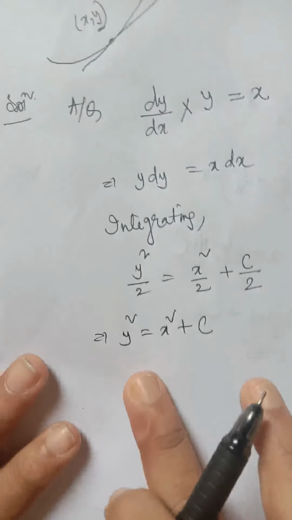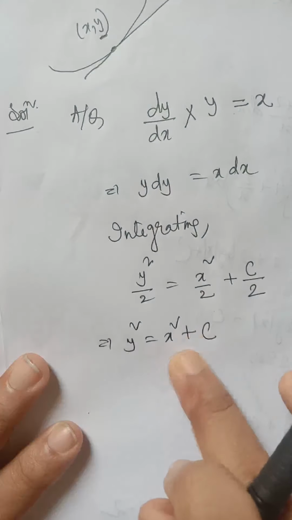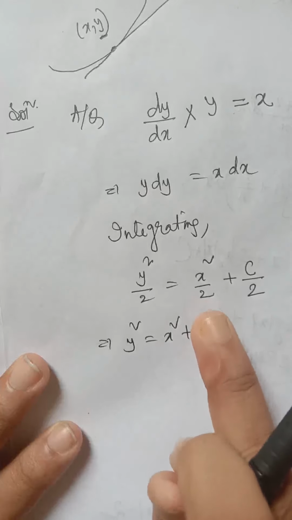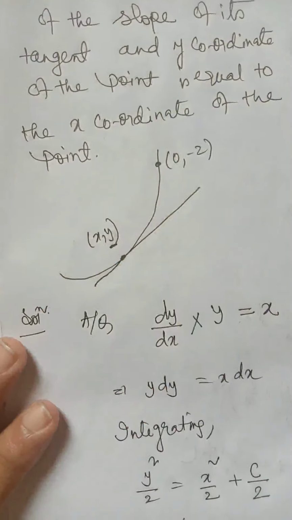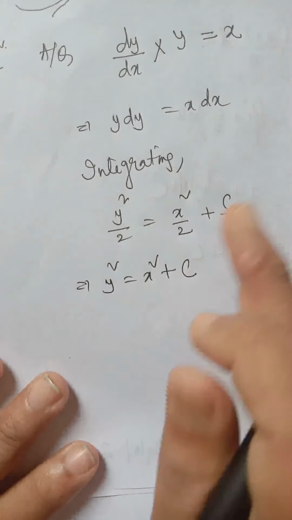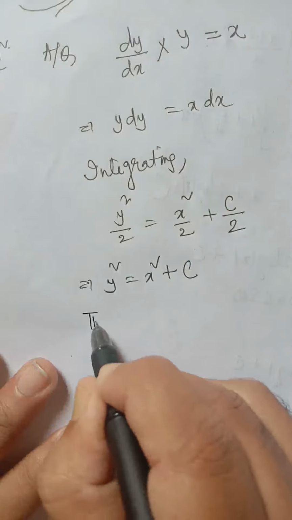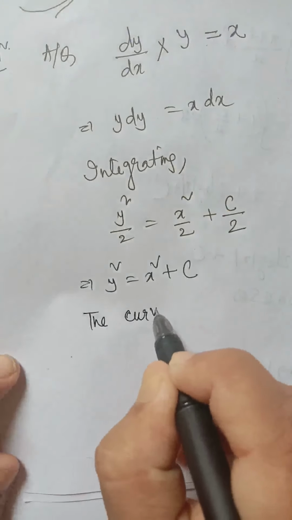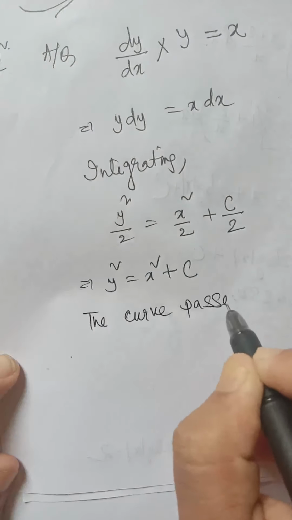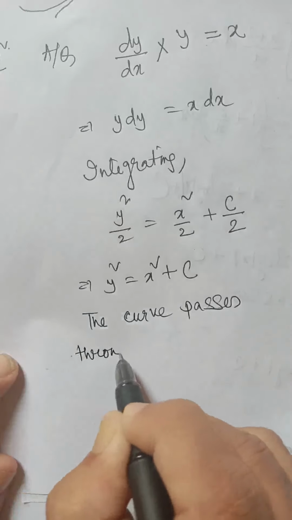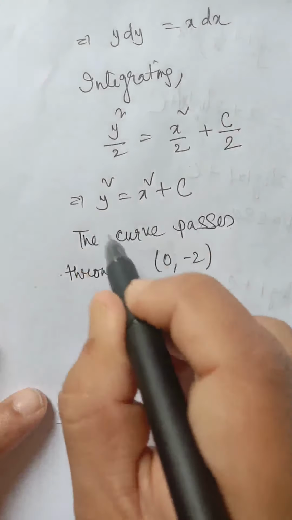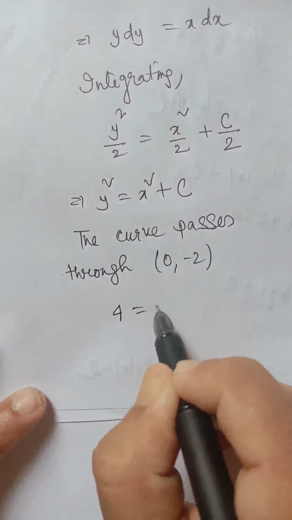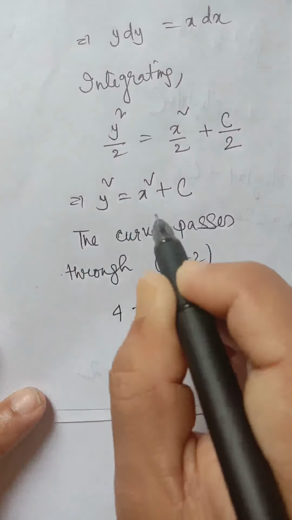Because this equation contains an arbitrary constant. And what is given? The curve passes through (0, -2). This is the general solution. Now we have to find the particular solution. So putting x equal to 0 and y equal to -2, we get 4 equal to 0 plus c.